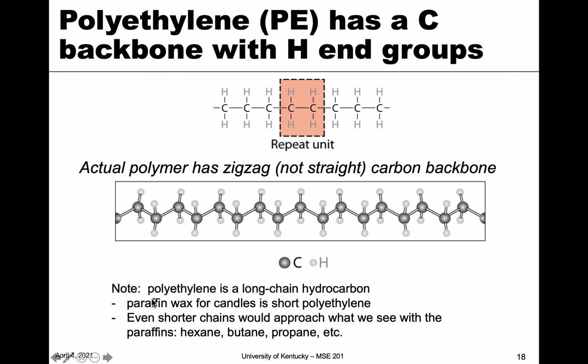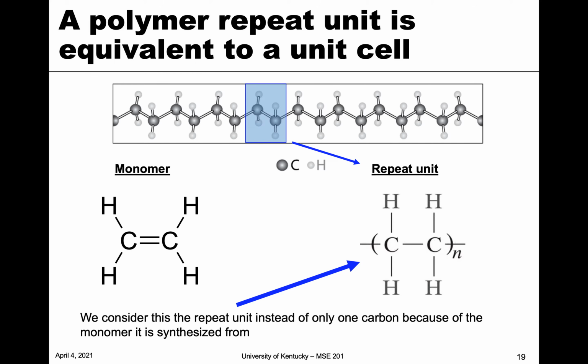Then we have paraffin wax, which is a short polyethylene, and it's somewhere in between a liquid and a solid. And then the higher we go and get a much longer polyethylene, then we have a solid, right? Like we know in our plastic bags and so forth, which is polyethylene. And so those are, again, the variations of these structures.